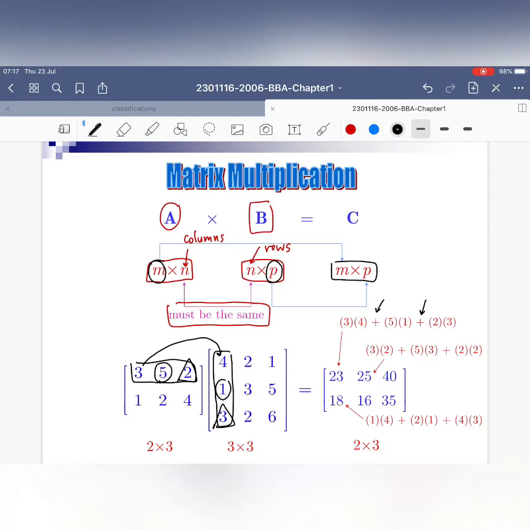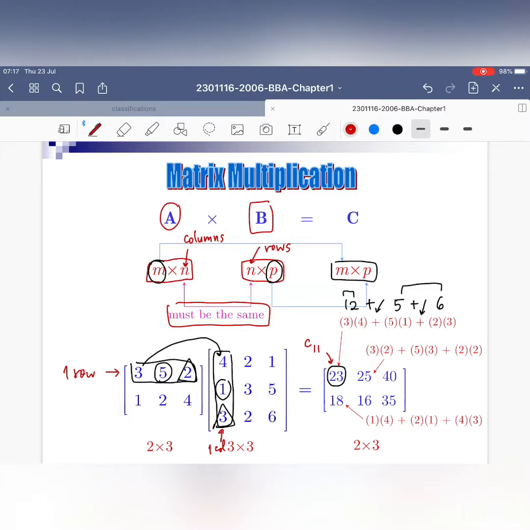So the first one, 3 and 4, you got 12. The second one, 5 and 1, you got 5. The third one, 2 and 3, you got 6. And then after you add them up, 11 added to 12, so you have 23. Because this one comes from the first row and the first column, you are going to write it down as the first row and first column of the result.